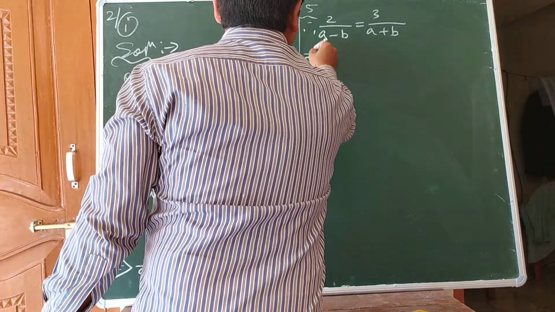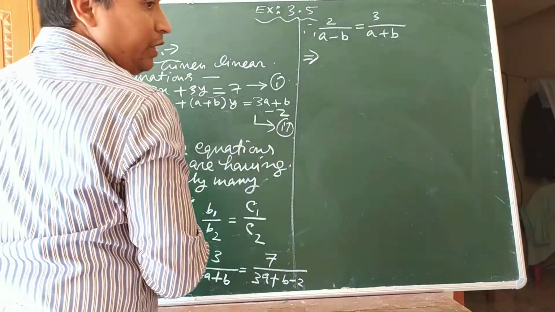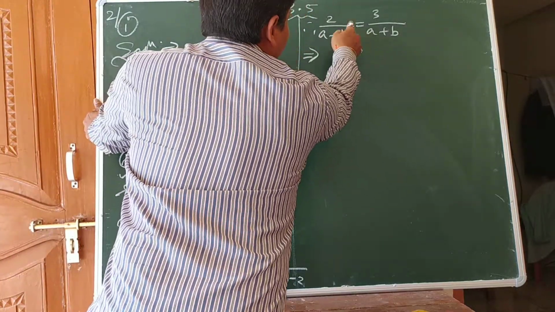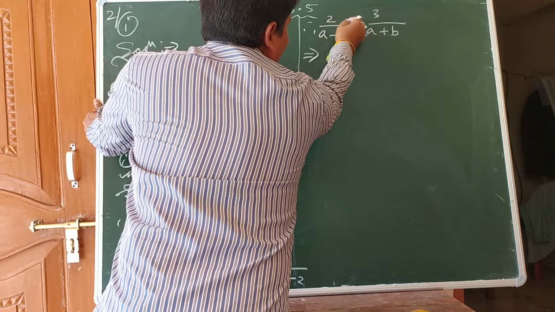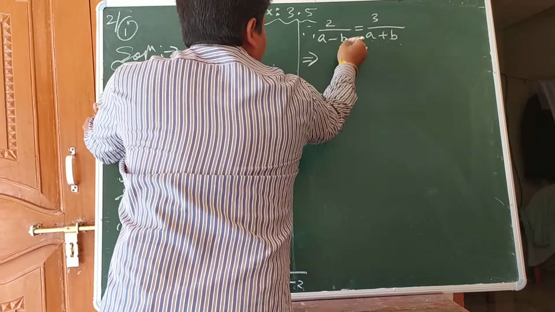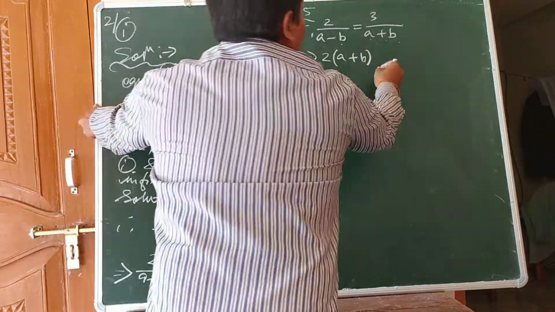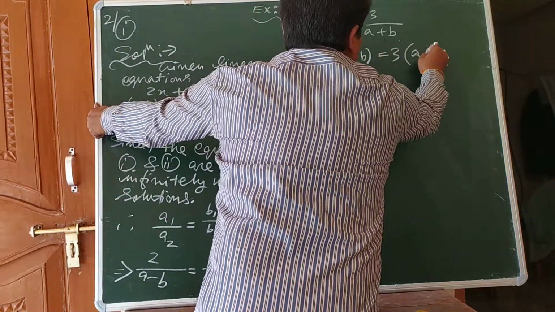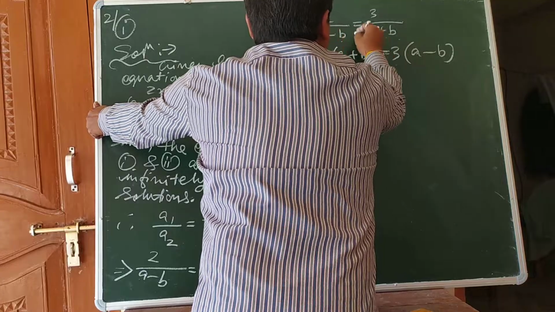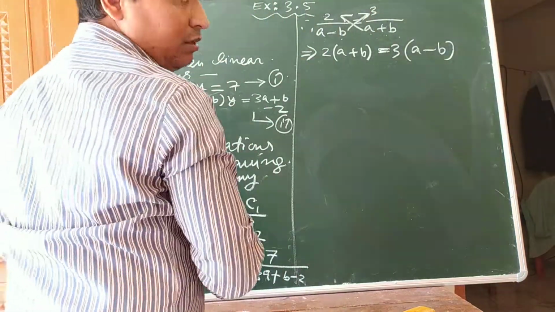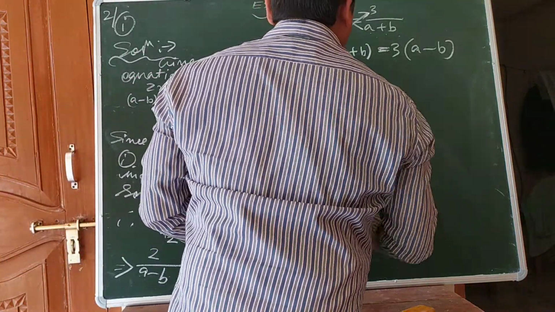From there we will get one relation between a and b. So here we have to apply cross multiplication: 2 into a plus b and 3 into a minus b. This one is cross multiplication.